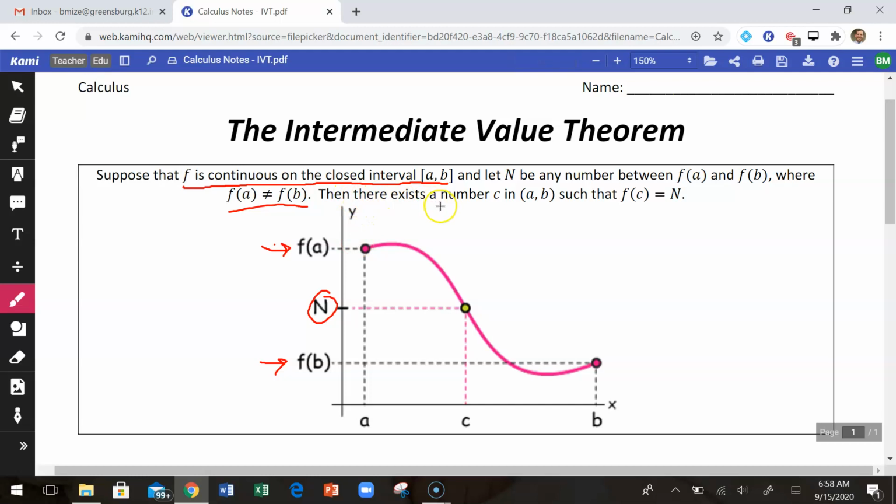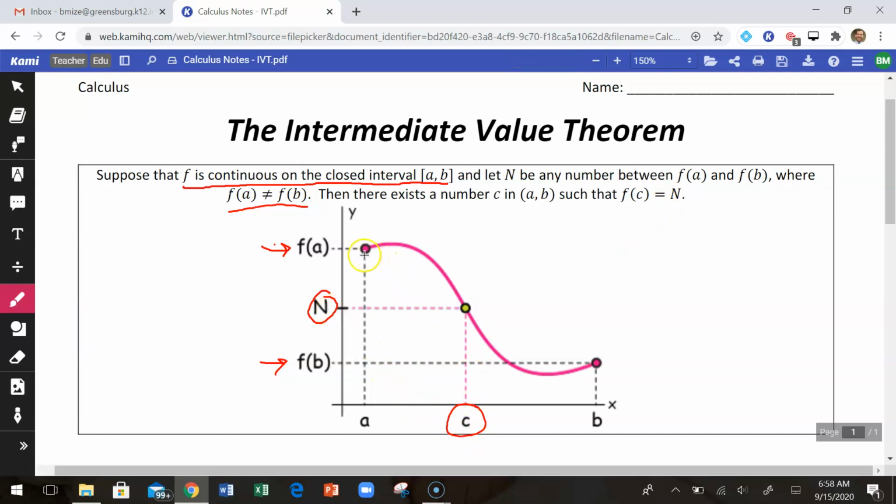It says then there exists a number c, which is down here. It's an x value in the open interval from a to b. So it is between a and b. It cannot be at a or b. It's an open interval. But there is an x value in between a and b such that f of c is equal to n, which means that the y value at c is going to equal n.